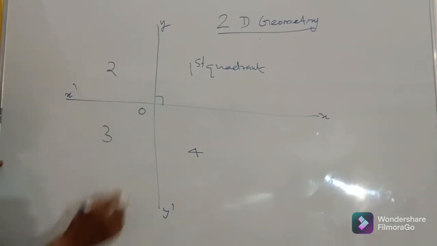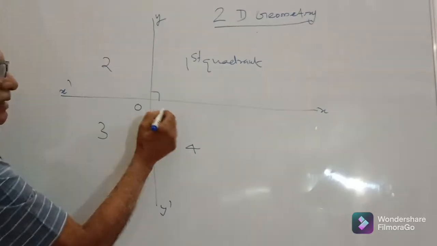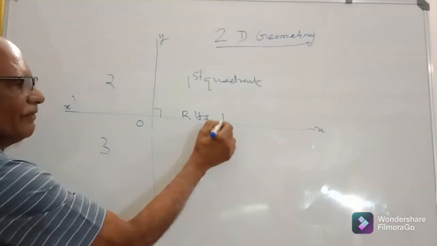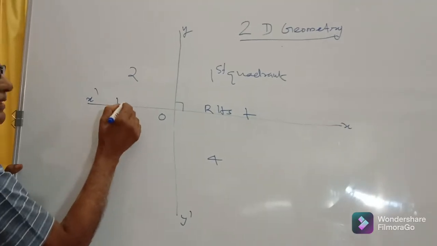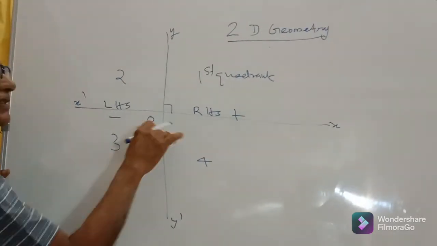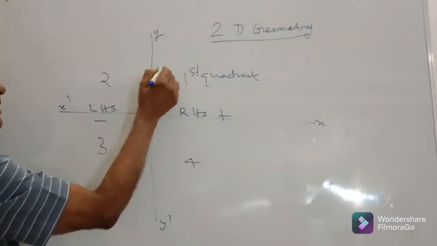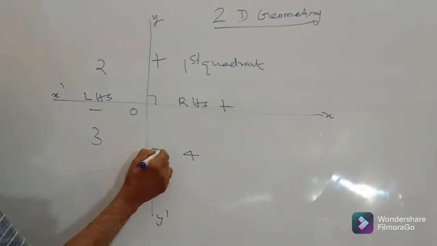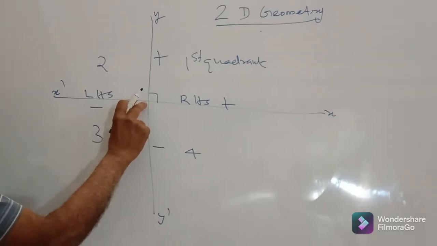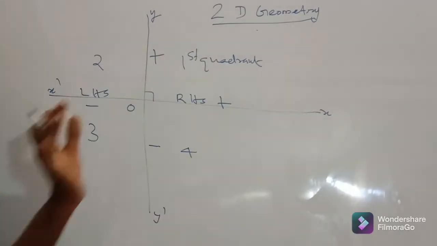As we see on the x-axis, right side is positive. Left side is negative. On the y-axis, the upper part is positive. The lower part is negative. So this is the origin, representing the whole thing.